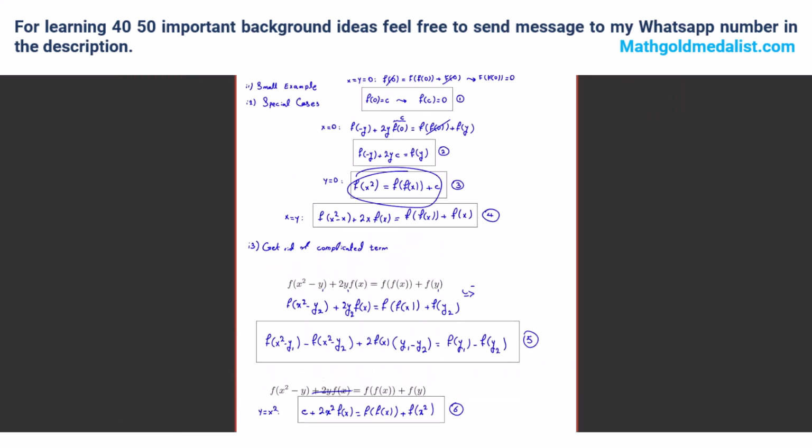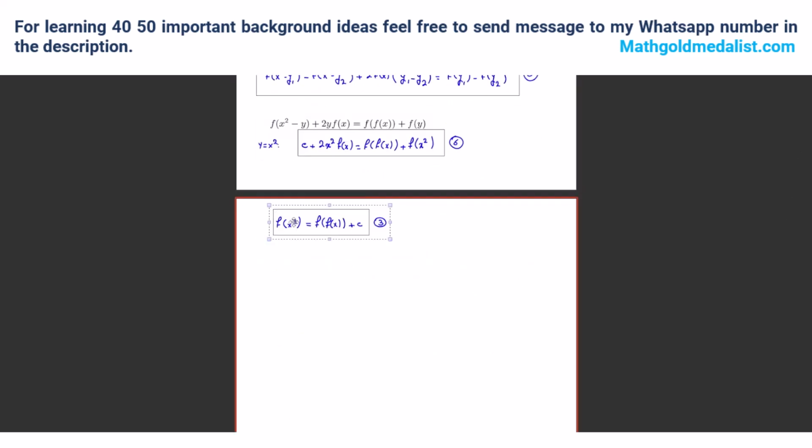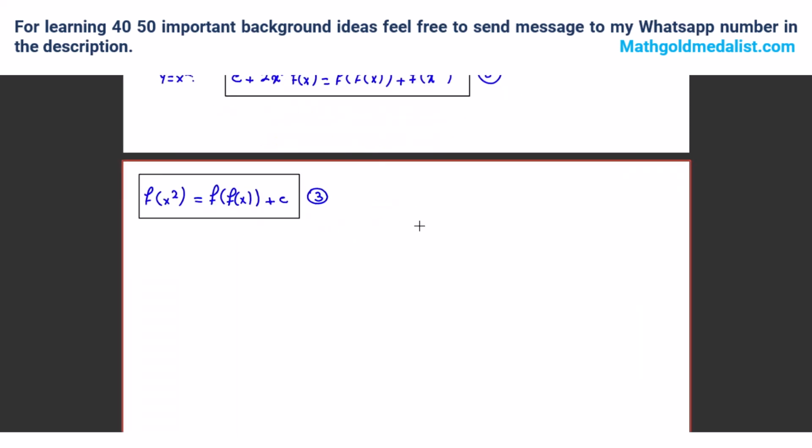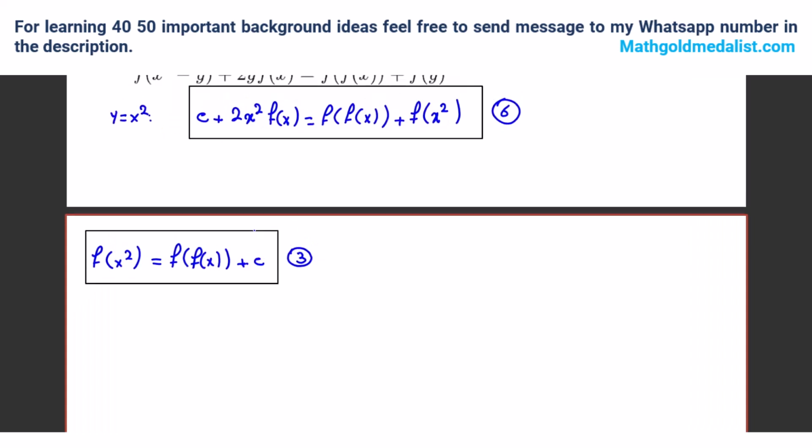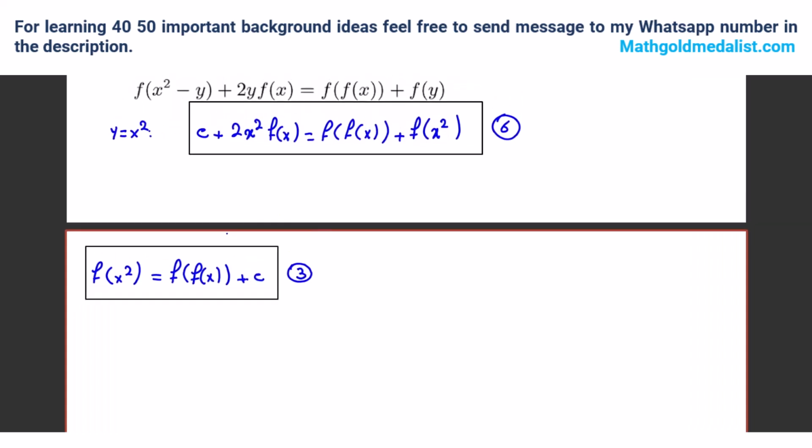This one and this one can be useful because both of them have f of x squared and f of x. So let me consider the third result and this one. If we combine these two things together, instead of f of x, I can write f of x squared minus c.